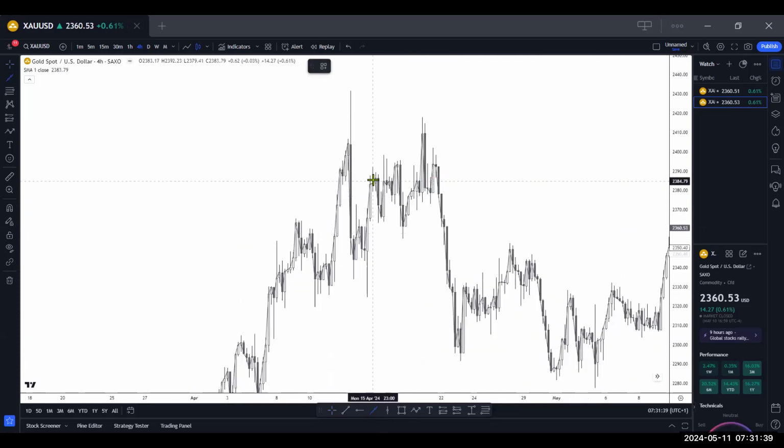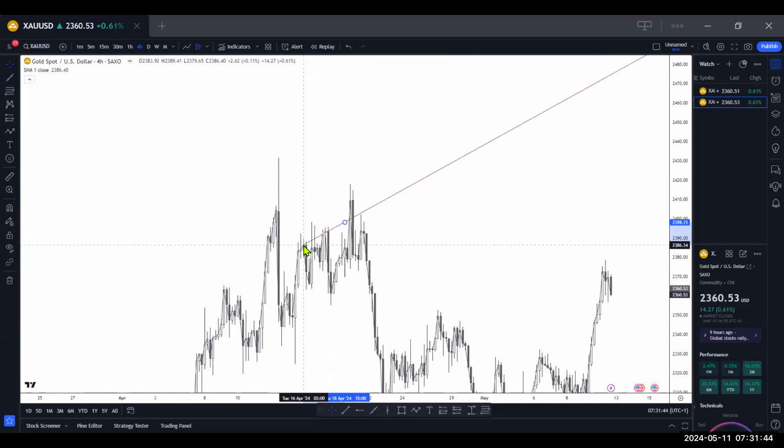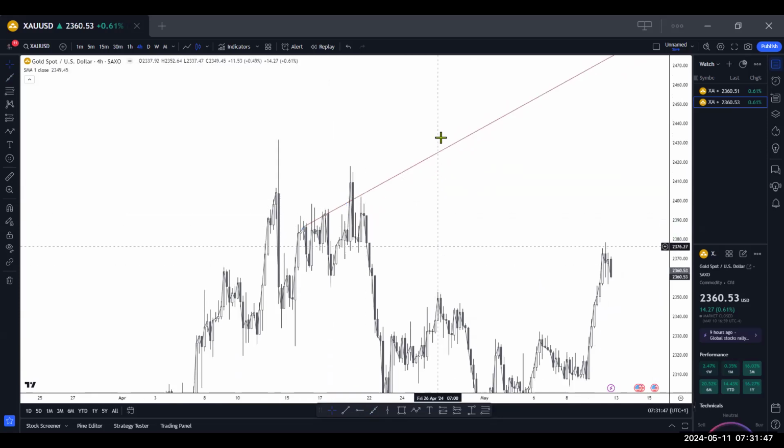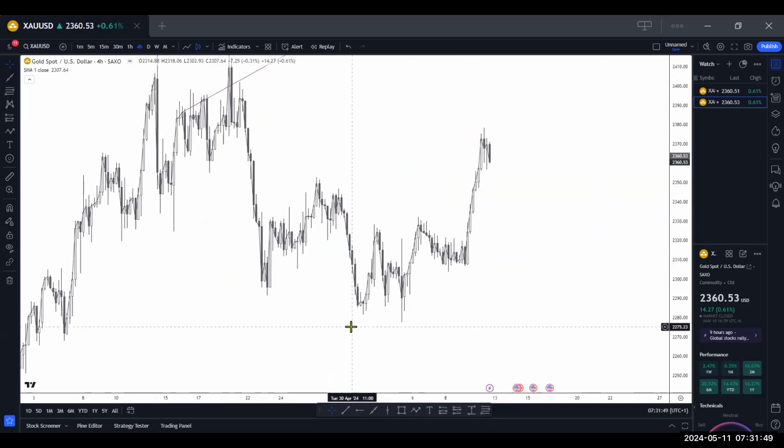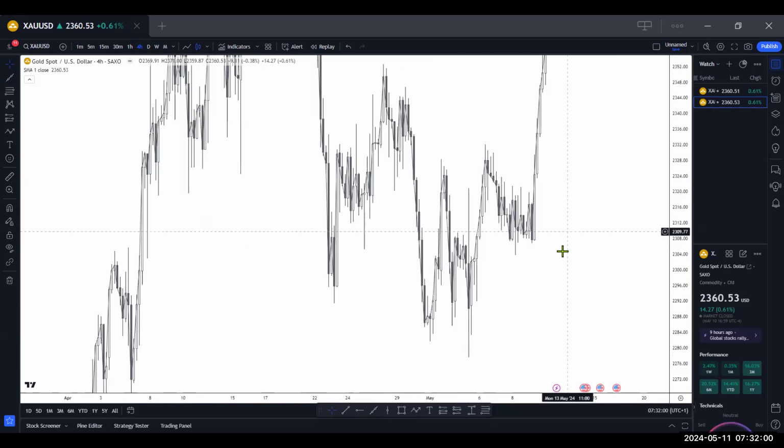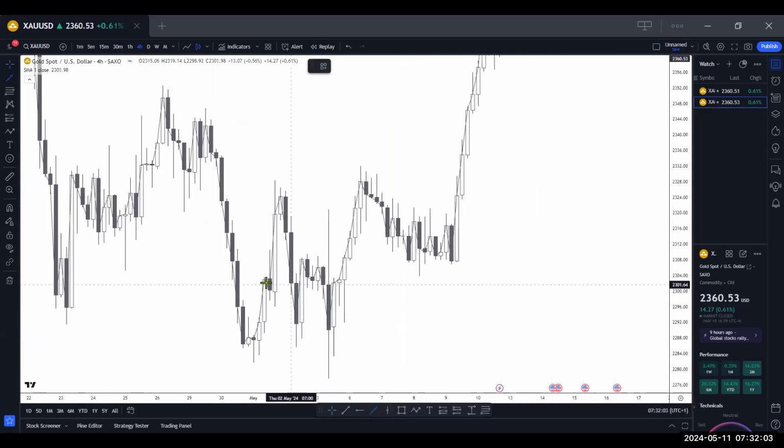First touch, second touch. Oh, we didn't touch it the third time. All right, let's go. All right, so another example. First touch, second touch, entry.